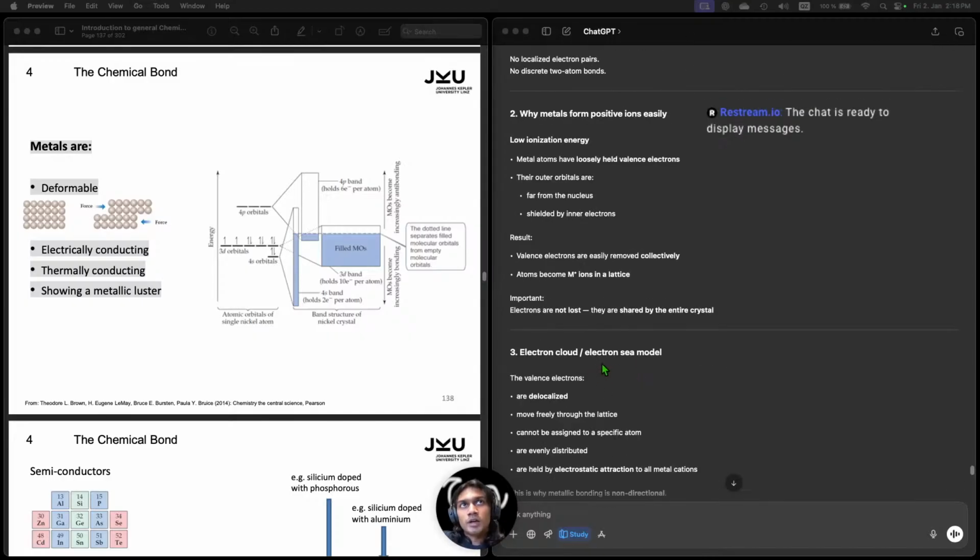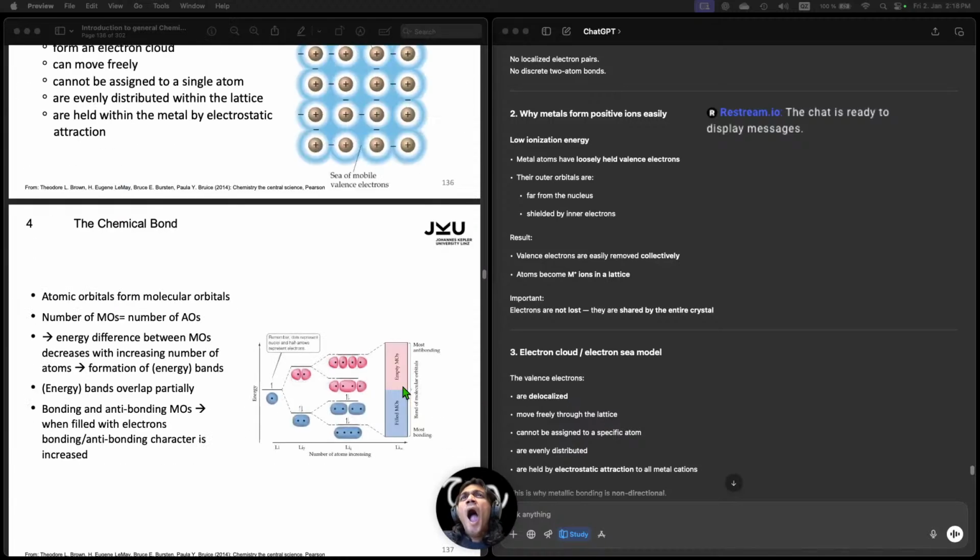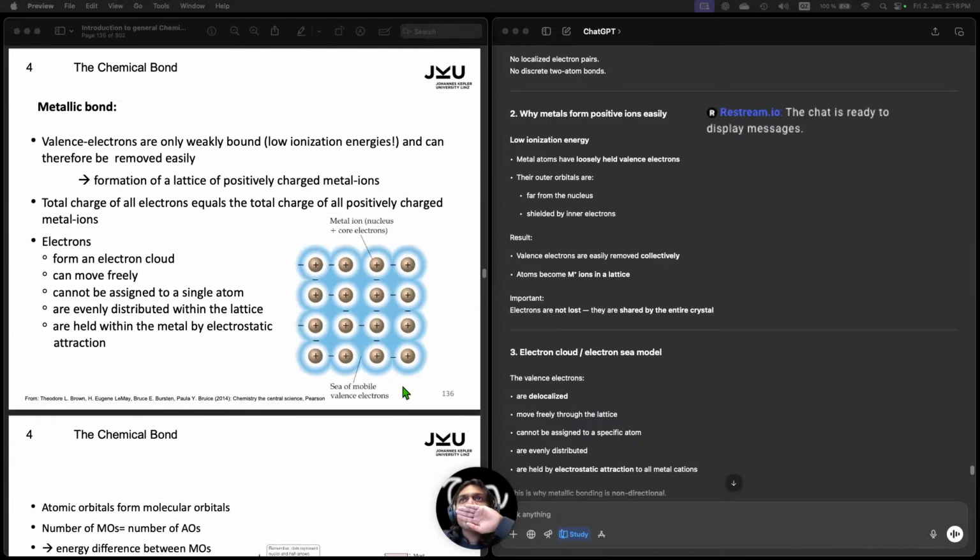Electron cloud, electron sea model, delocalized. They cannot be assigned to a single atom, are evenly distributed within the lattice, held by electrostatic attraction.